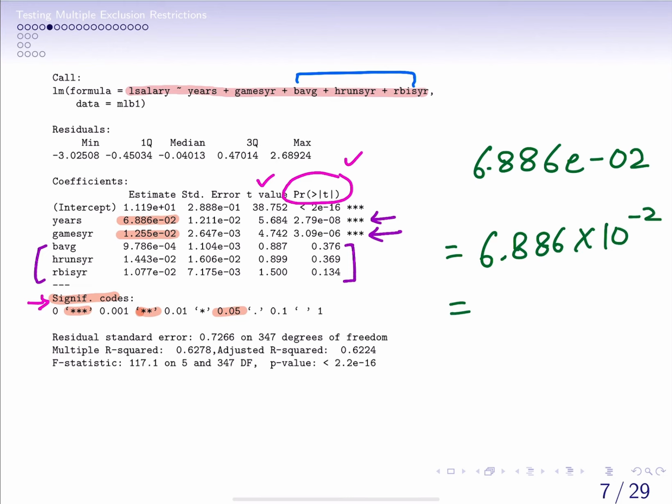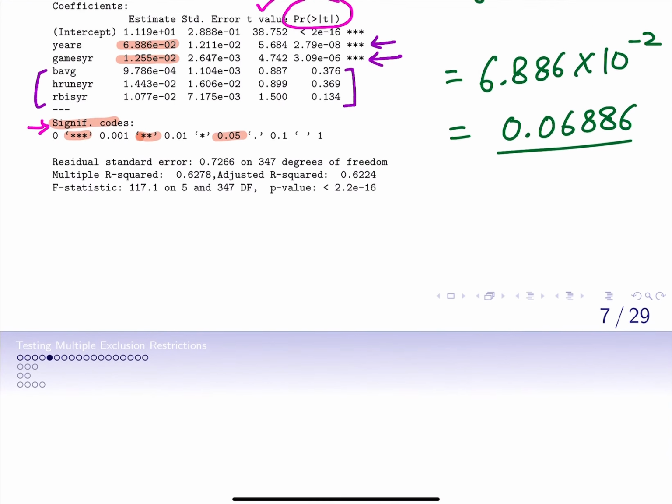So you can interpret this as 0.06886. Okay, and that's how that number would be interpreted. Typically, you would not have this, but here it seems that there are some numbers that have a lot of decimals, and that's why R is reporting it this way.